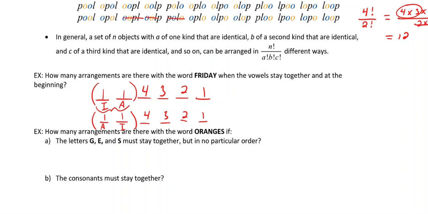Now, this is an or situation, so it's this situation or this situation. So all we're going to do here is add them up. This was equal to 4 factorial, and this was equal to 4 factorial. So in the end, this was 48.